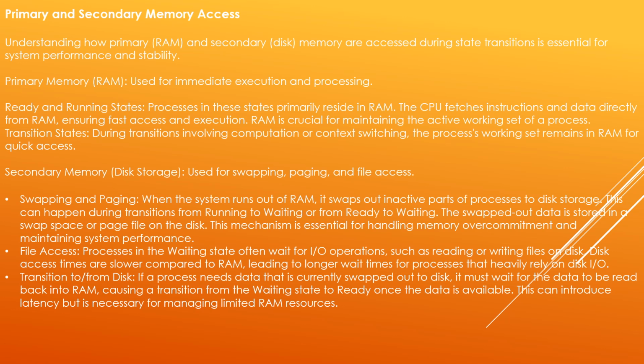If a process needs data that is currently swapped out to disk, it must wait for the data to be read back into RAM, causing a transition from the waiting state to ready once the data is available. This can introduce latency, but it is necessary when managing limited RAM resources.